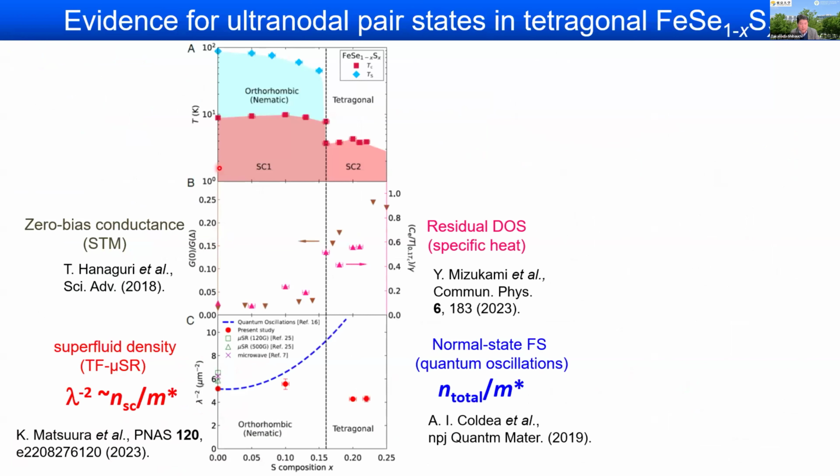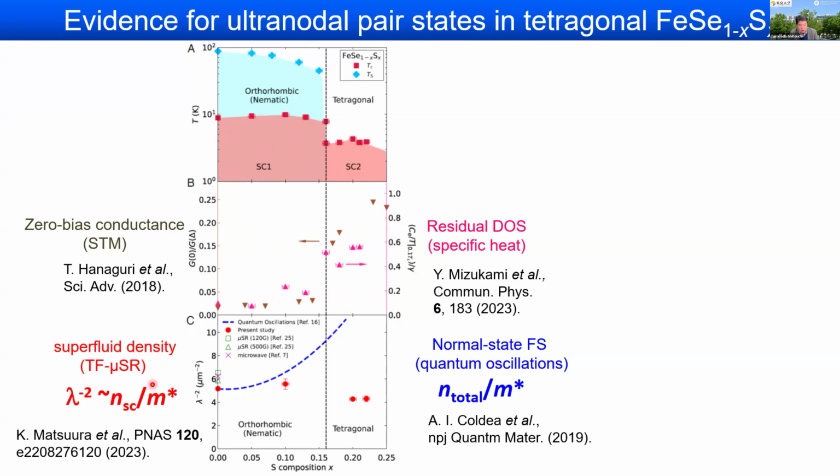Now here is a summary of what we have seen. The upper panel is the phase diagram again. This is the nematic transition as a function of sulfur composition. And Tc shows a jump from SC1 to SC2, and SC2 has a lower Tc. Then the STM zero bias conductance and the specific heat residual density of states both show an abrupt jump. We have this residual density of states only in SC2.